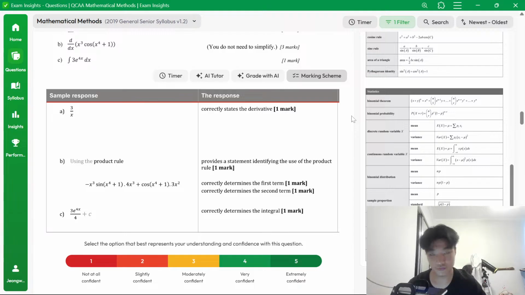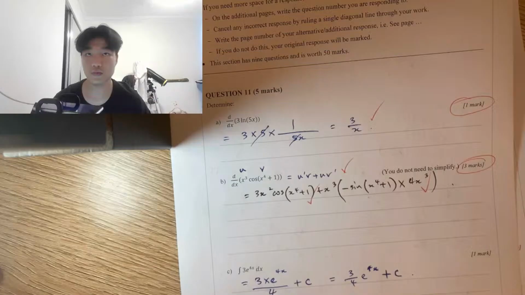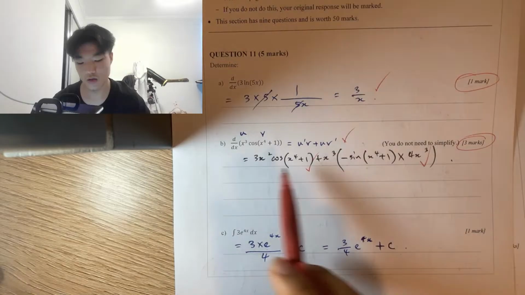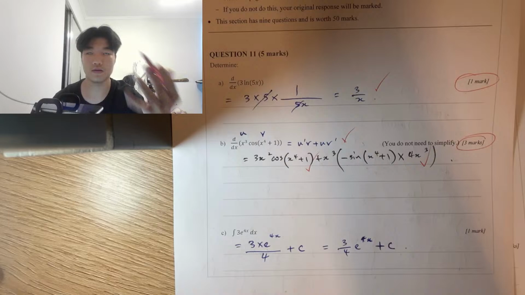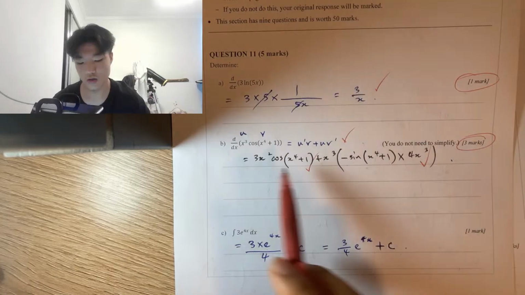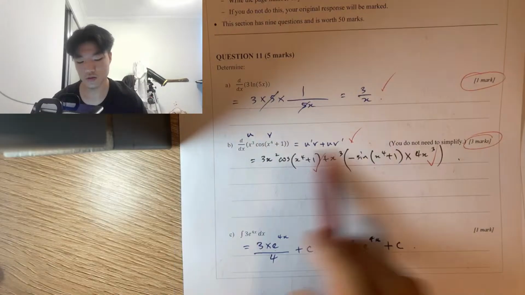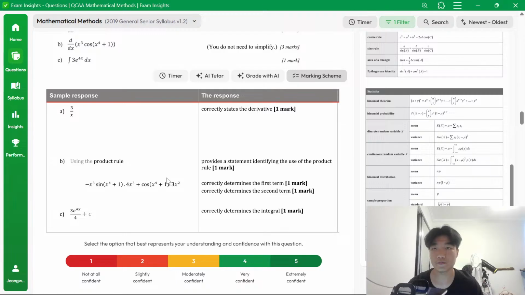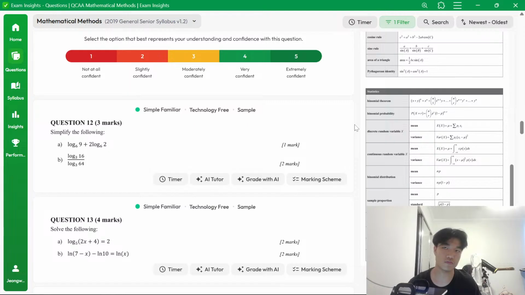So in this case, this was the sample response's first term, while this was the second term. But yeah, this is overall correct. Okay, so 3 over 4 e to the power of 4x plus c.